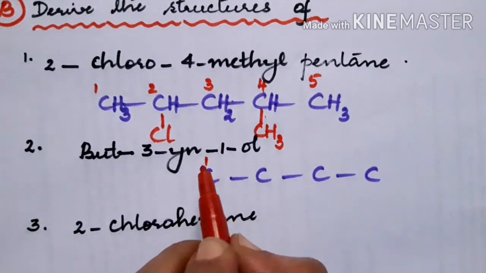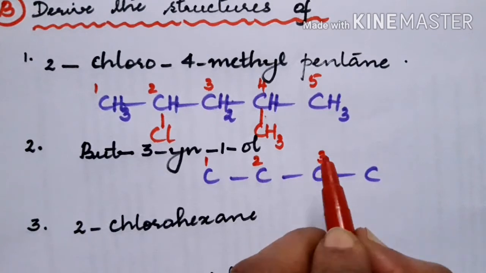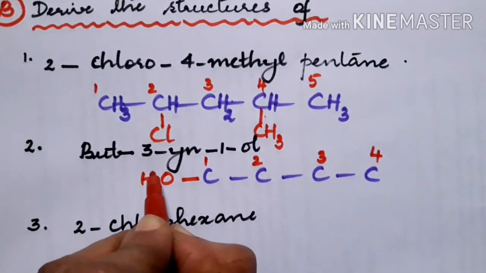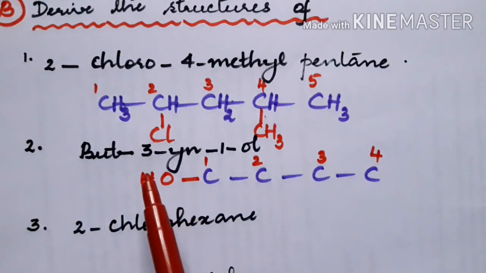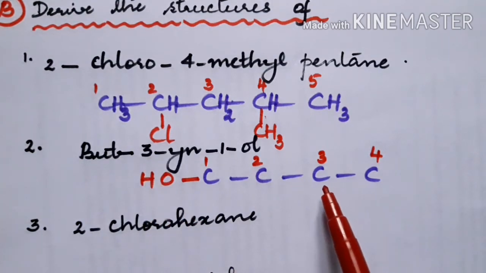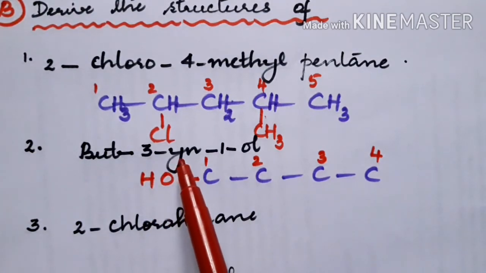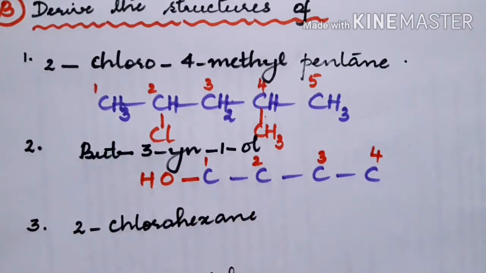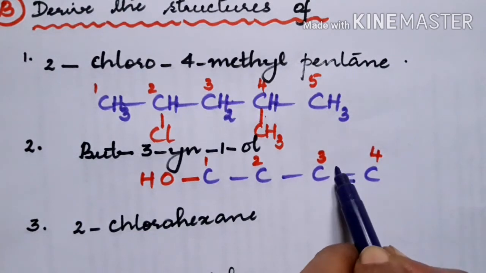So number it 1, 2, 3, 4. First position we are giving OH group. And third position you have triple bond. YNE means triple bond. So triple bond exists between the third and the fourth position.